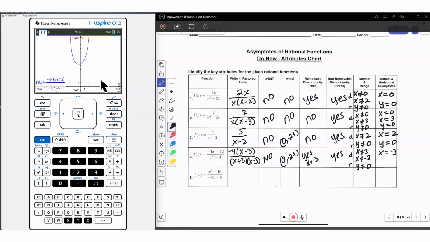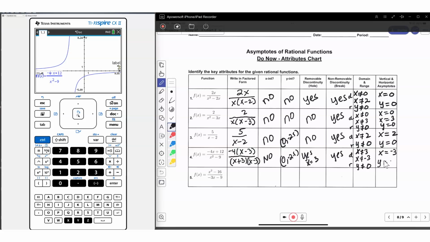Okay, I want to make sure that it's correct. Oh, it's still wrong again. There it is. So our vertical asymptote is at x equals -3.